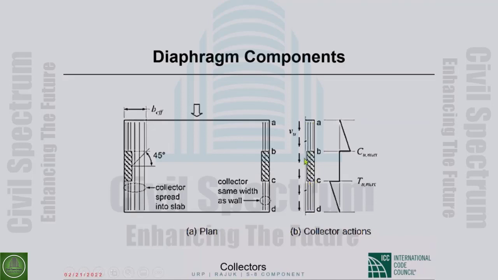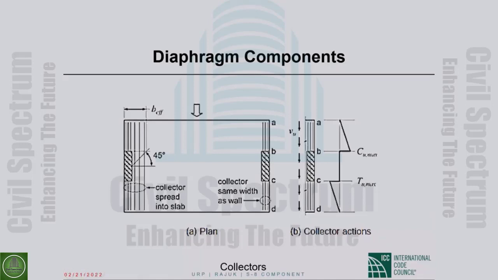The direction of the arrows and everything will tell you that those bars are in tension. The tension is the highest at the junction with the shear wall, and then it goes down to zero by the time you have arrived at the end of the diaphragm. Okay, so those elements are called collector elements or drag struts.